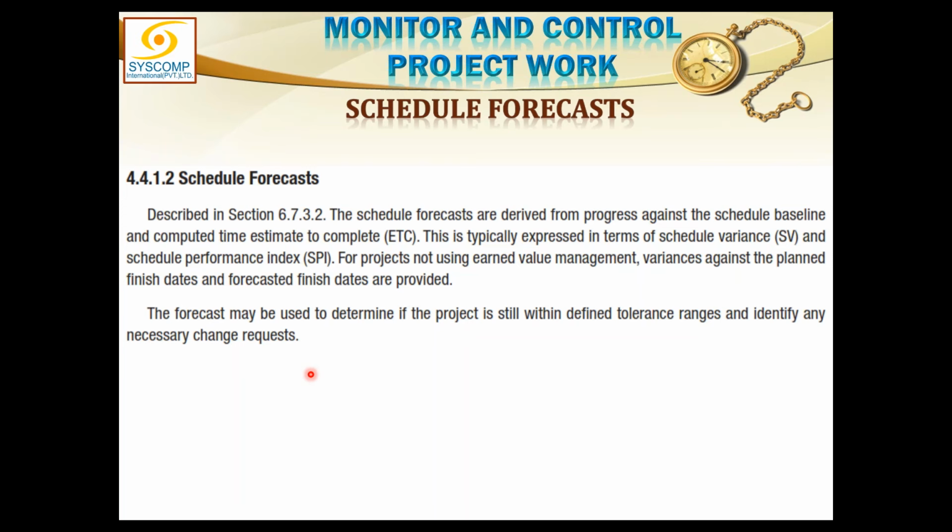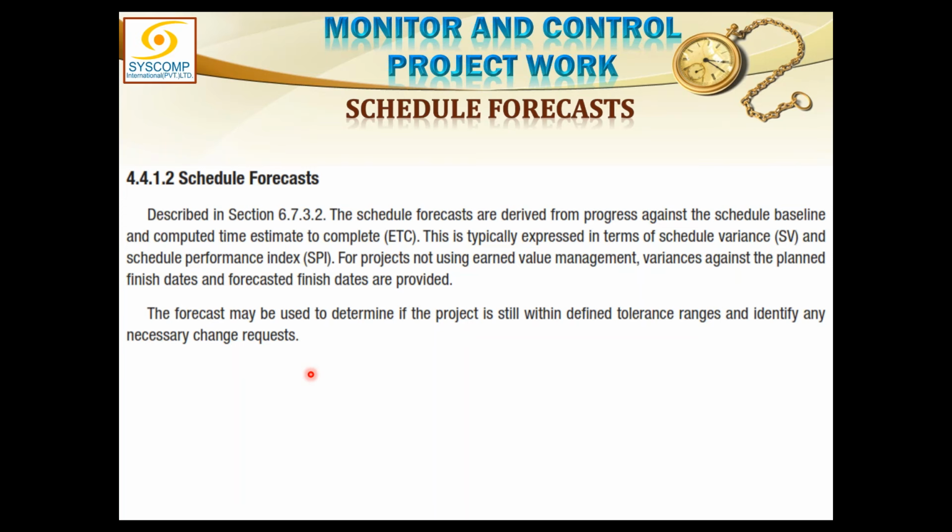That was the raw data, unanalyzed. Now each control receives that unanalyzed data and performs all the analysis on it and ultimately refines it into information. So this information from scope is different, time is different, cost is different. All this information gets to the monitor and control project work process where it is put together as a work performance report, a consolidated report.